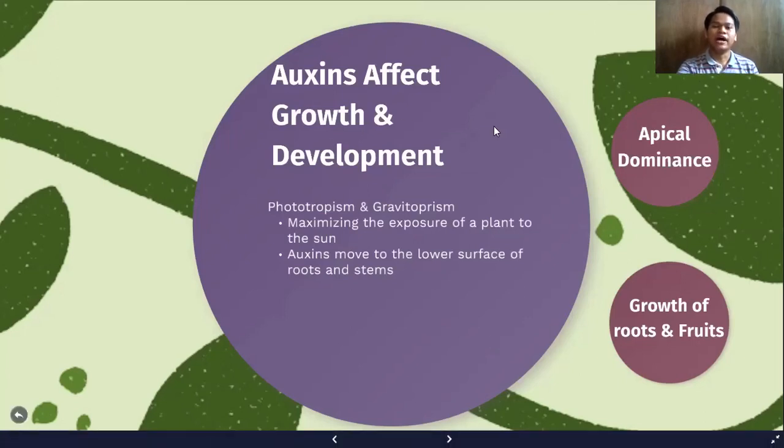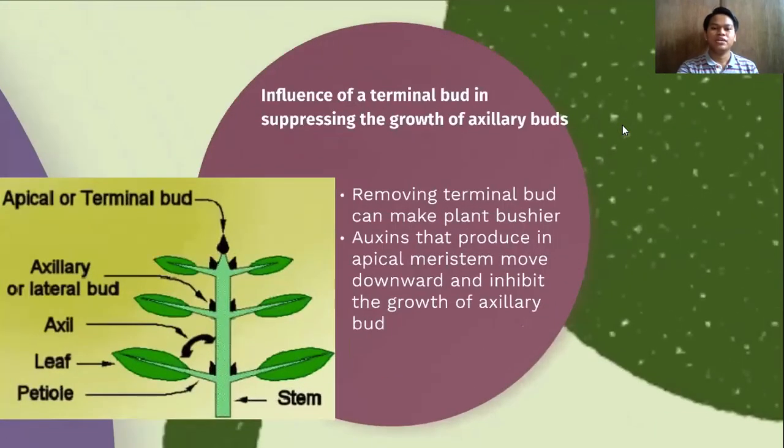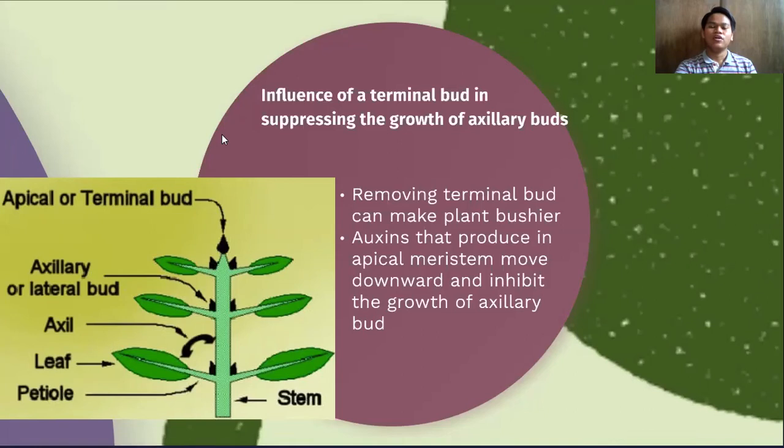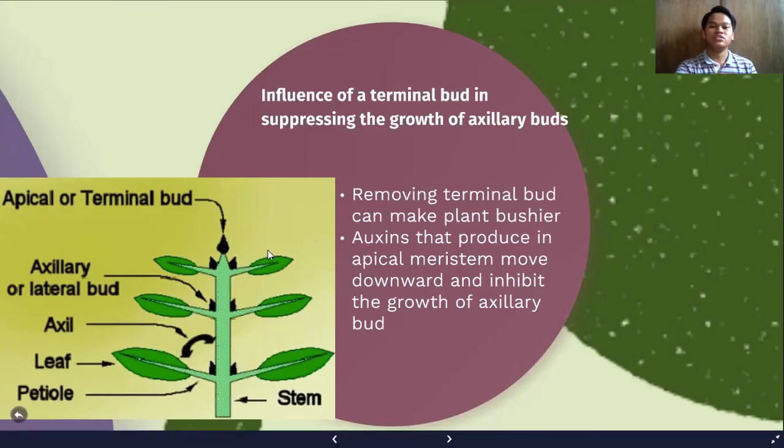Next, auxin can also affect apical dominance. Apical dominance is the case when the apical bud grows and prevents the axillary buds from growing. In other words, it is the influence of a terminal bud in suppressing the growth of axillary buds. So when we remove the terminal bud, it can make the plant bushier.